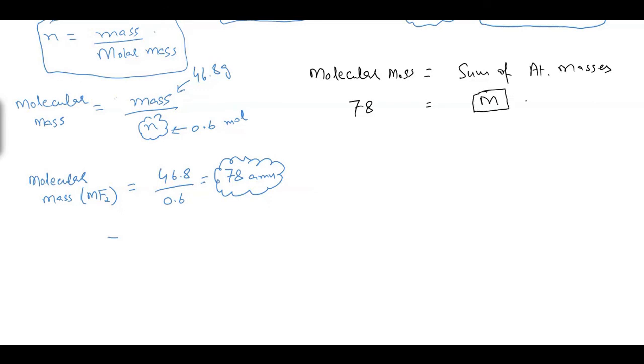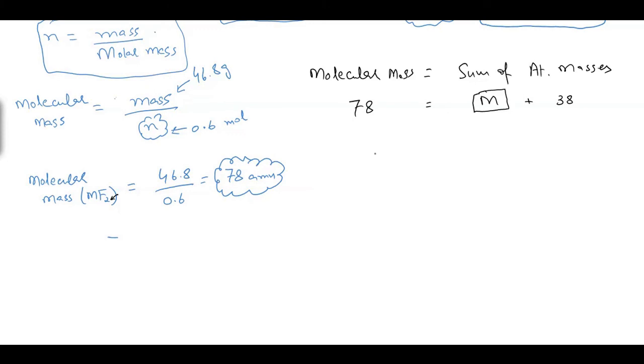So it is the sum of the mass of metal M with the mass of fluorine, and the atomic mass of fluorine is 19, and we have 2 over here. So 19 into 2 comes out to be 38.